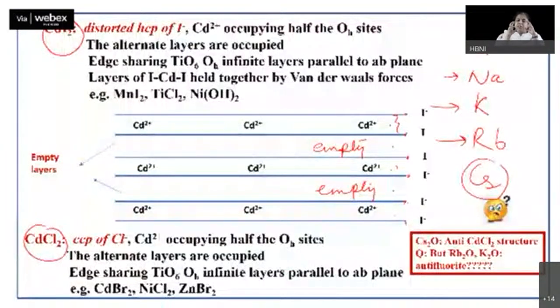Tetrahedra are smaller polyhedra. When they share corners, suppose this is the center of my atom, this is the center of the other atom, and this is one edge of this tetrahedron, this is one edge of this tetrahedron. They are joined by sharing corners. Now these atoms are far apart. Suppose I join edges, they will come closer.